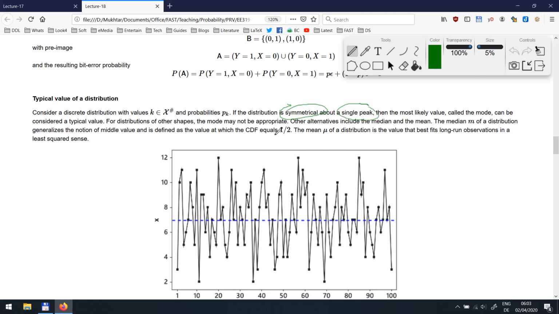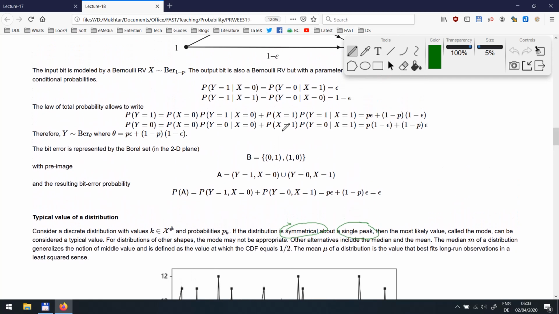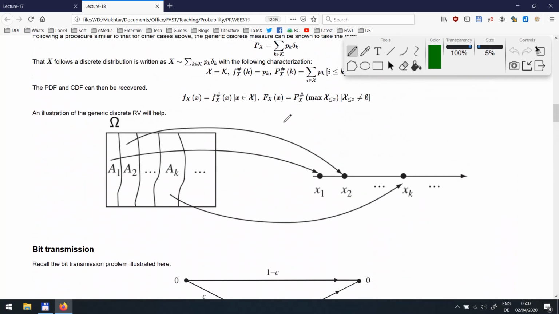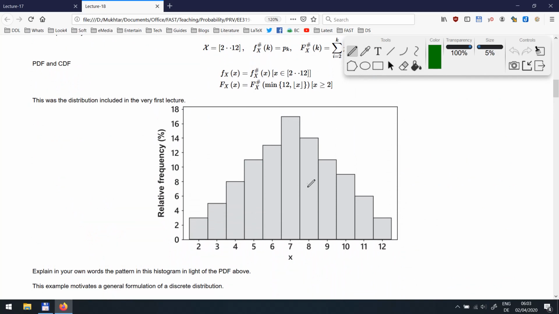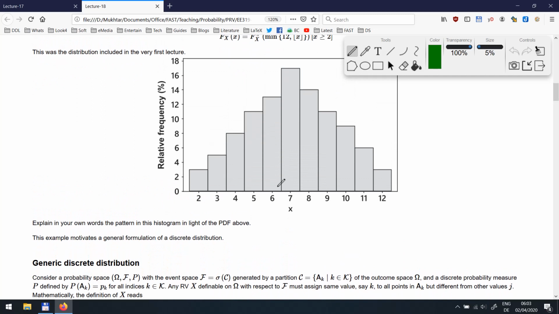Let me show you an example before I move on to the math. We already have an example like this. This is a distribution with a single peak, and which is symmetrical. So there is as much data to the left of the peak as is to the right of the peak. So, a distribution symmetrical about a single peak.